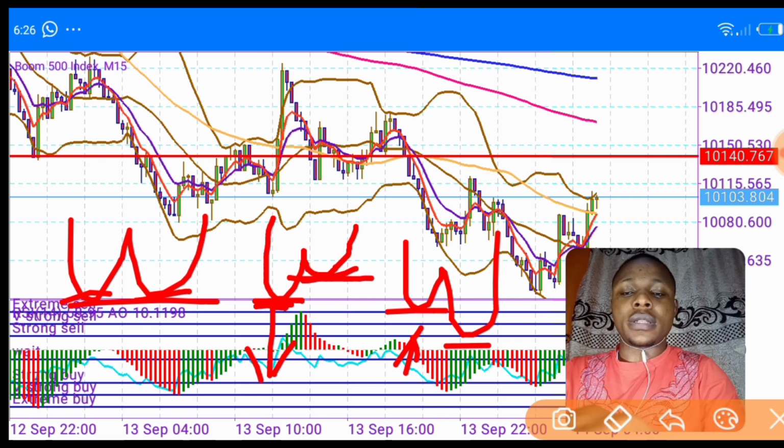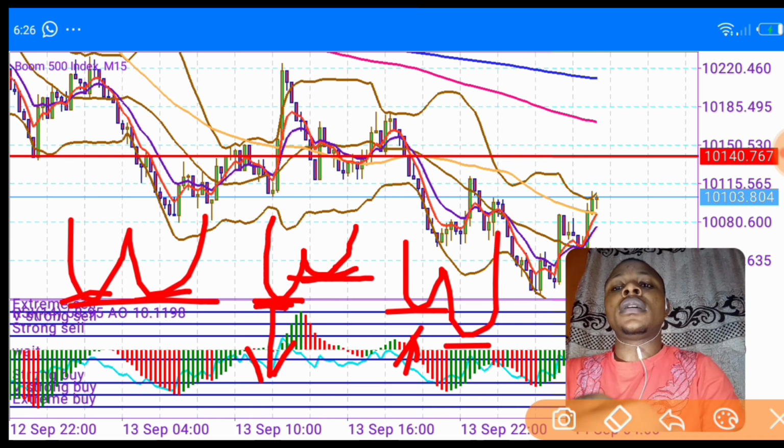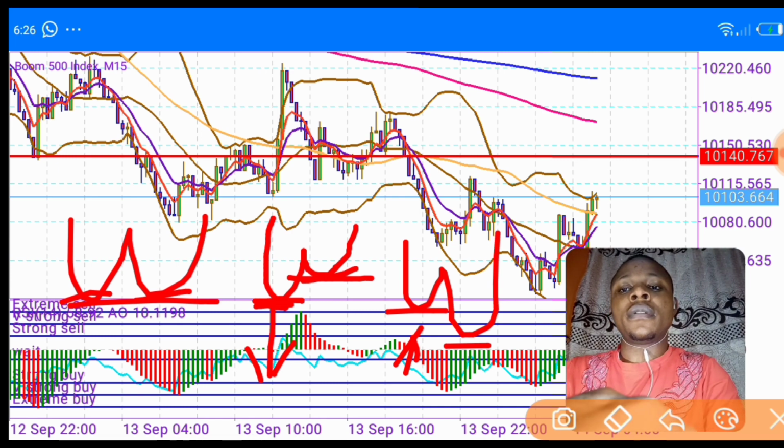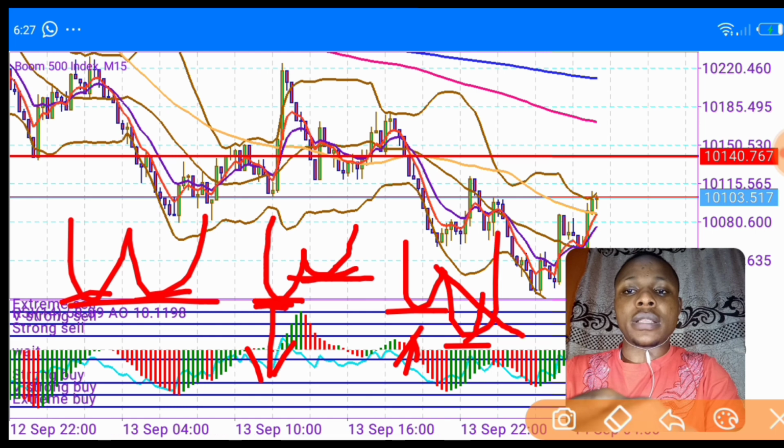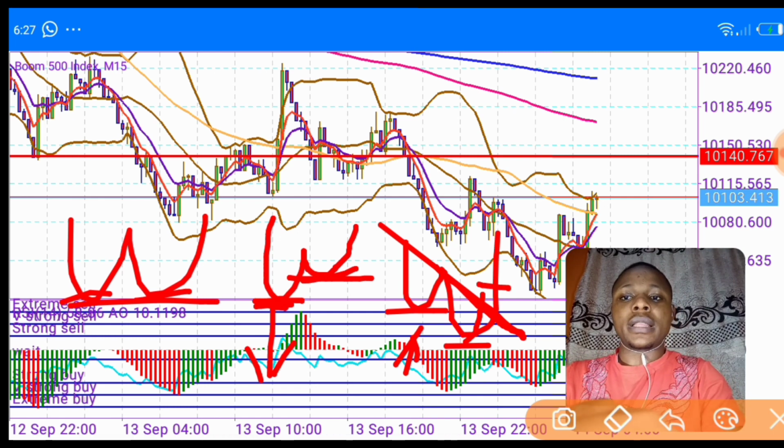Do you understand? So in this kind of level, before you enter a trade over here, let it break the middle Bollinger Band. I think the middle Bollinger Band should be somewhere around here. So let it break this middle Bollinger Band, then enter your trade here.